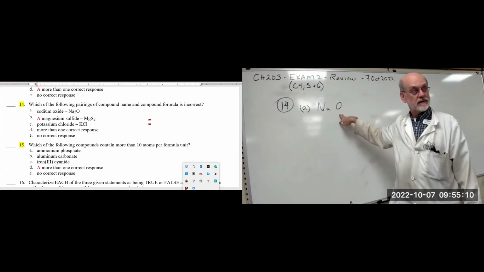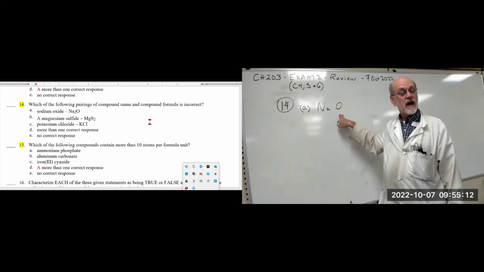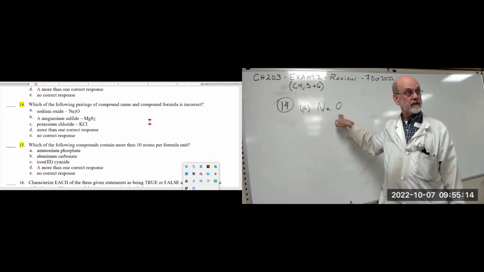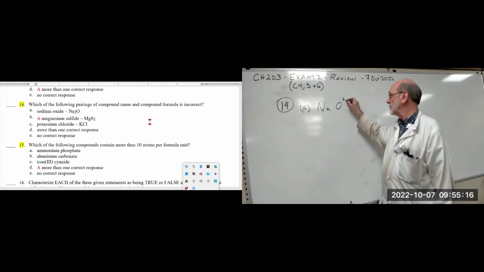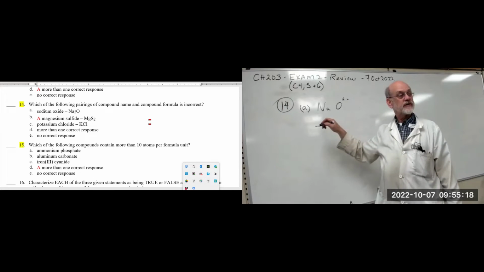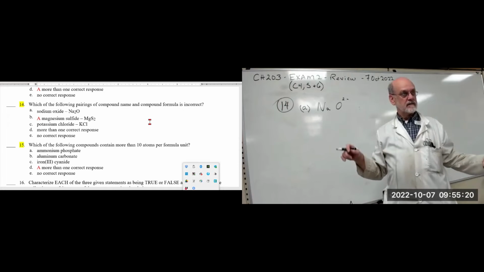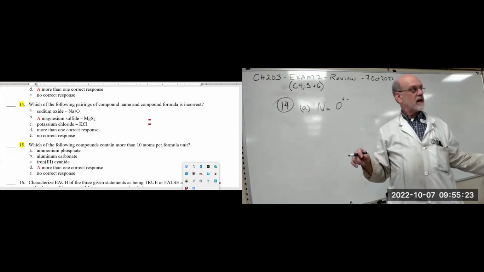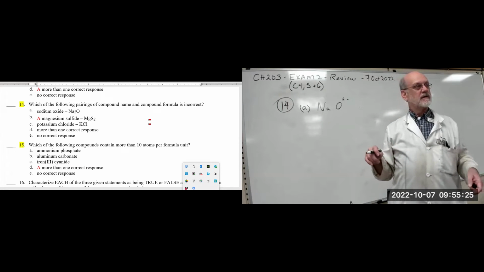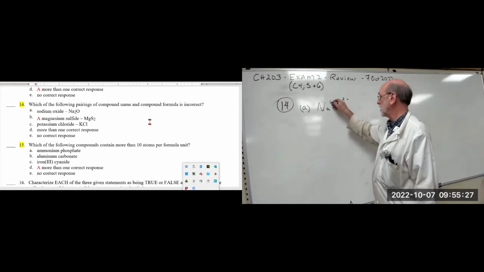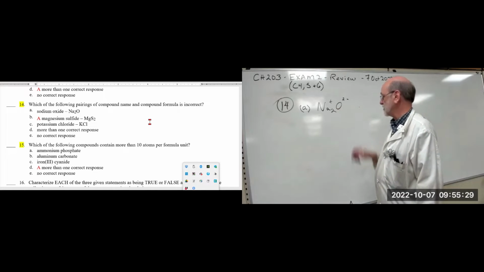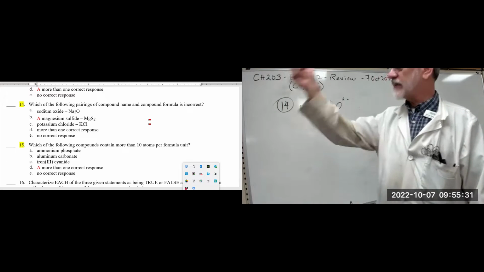Metal, non-metal. What's the charge on oxygen when it's in an ionic compound? What's the charge on sodium? Does it vary? No, it's the first column. Always a +1. So you need two of these. Na2O. That's correct.